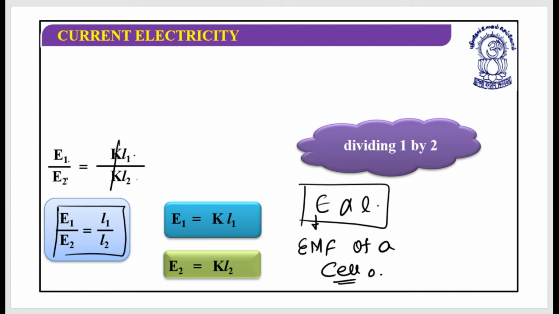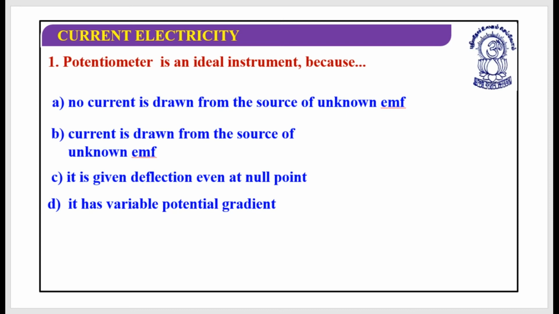Why? Because it can measure the EMF of a cell, or rather a potential difference when no current is flowing. That means the I into R drop would be equal to 0. Yes, so let's look at certain questions.